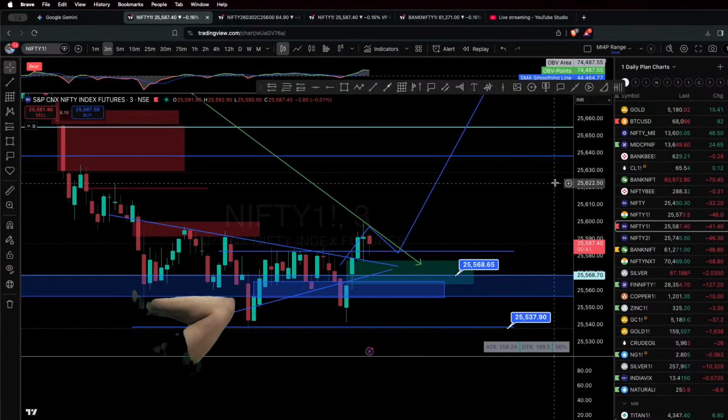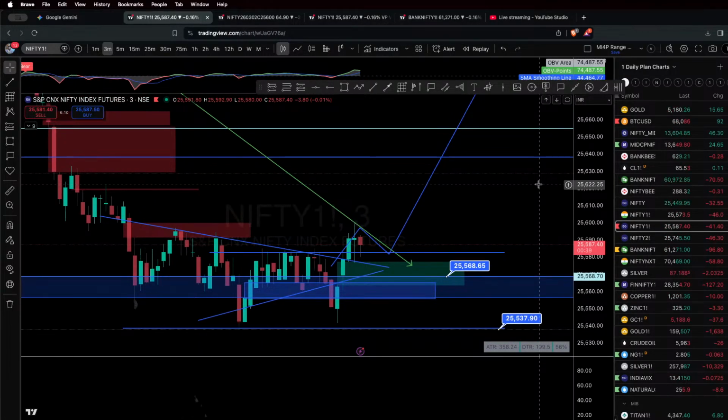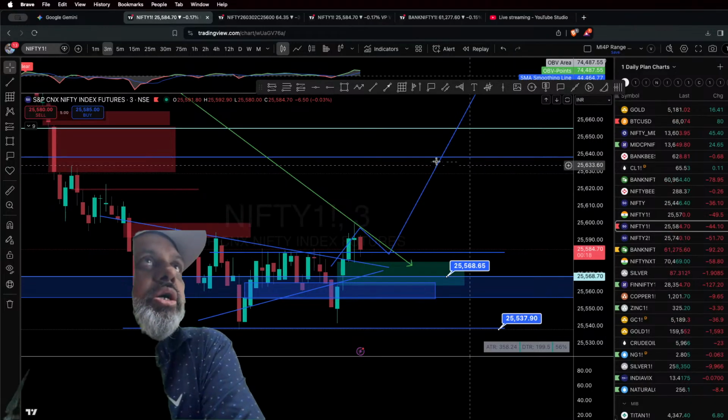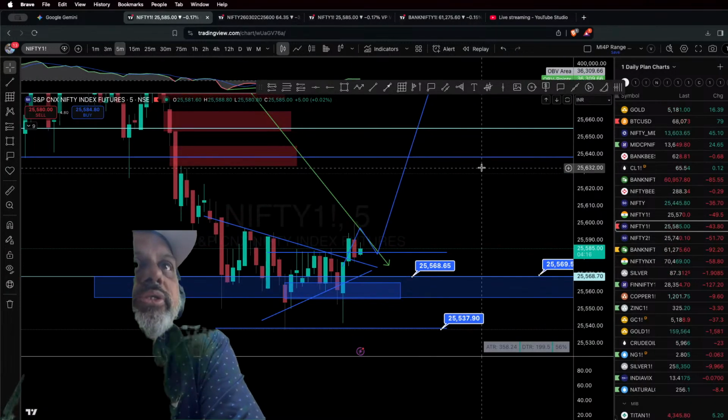And we are on course. We're doing well, actually. I'm pretty encouraged by what I'm seeing here. We are at 82,150, 145 on the Sensex, and we're at 25,585 on the Nifty futures. On the 3-minute chart, let's look at what the 5-minute is beginning to do.